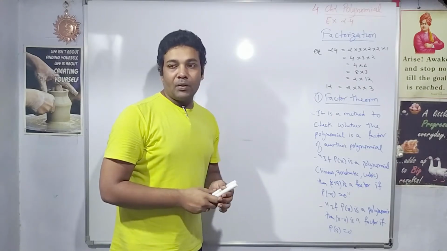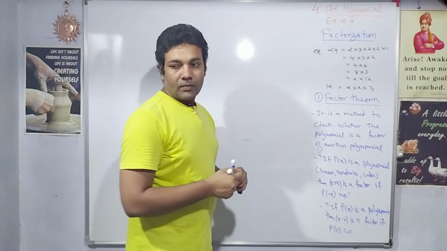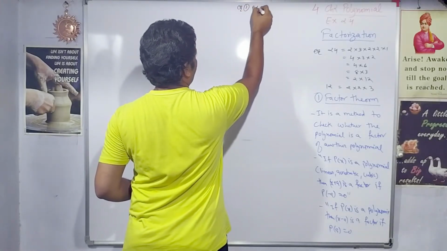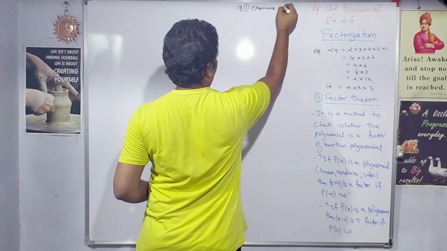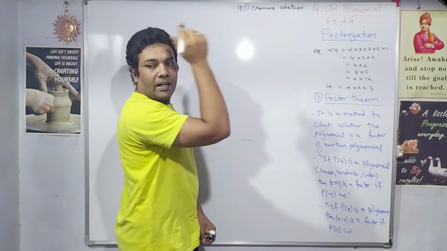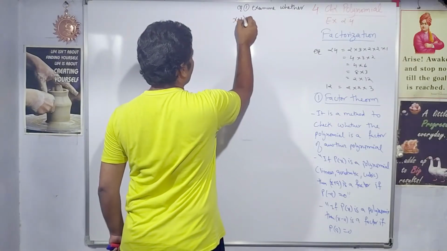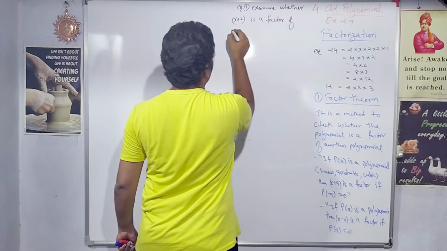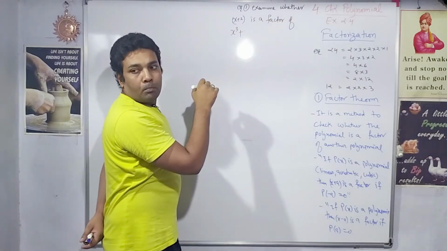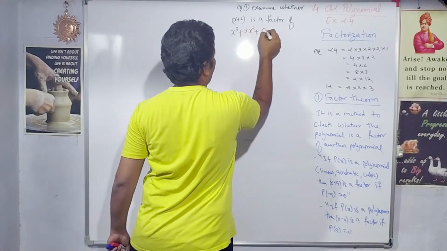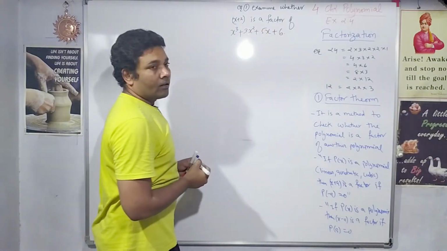So the best example we take is: examine whether x plus 2 is a factor of x cube plus 3x square plus 5x plus 6, right?